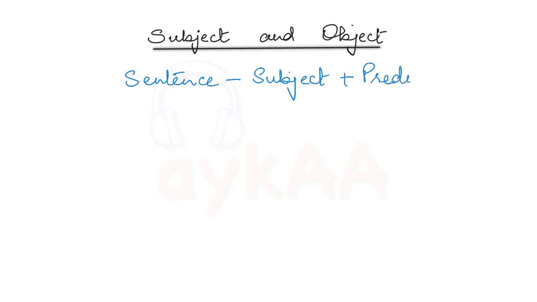Subject and object. Now, let us understand this very basic concept that a sentence is divided into two parts. So, if you have a sentence, you have learned this right from the beginning that it is divided into two parts, that is subject and predicate. Now, what is the subject?